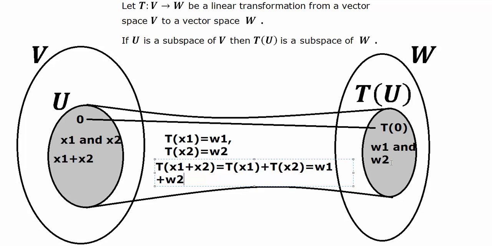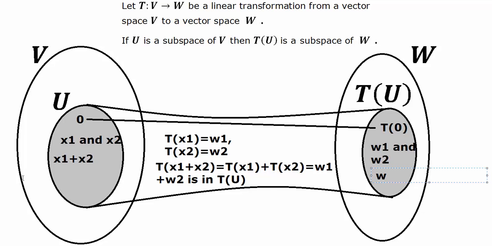So w1 and w2 in TU implies that w1 plus w2 is in TU, right? Now all we have to do is, we are taking our vector spaces over real numbers. So if we take an element w and a real number, say c, then we would like to see whether cw is in TU or not.